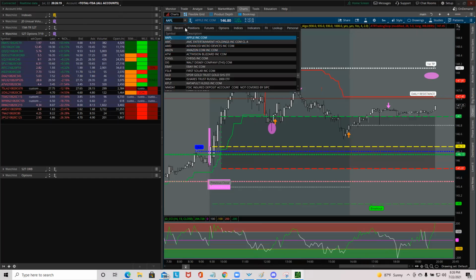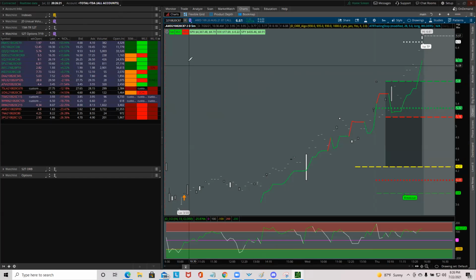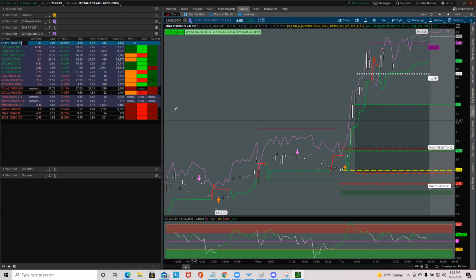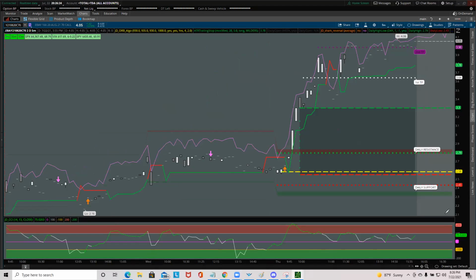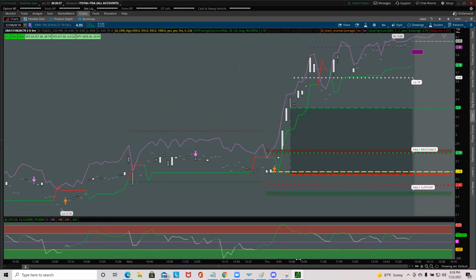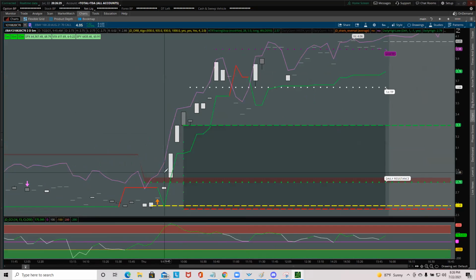Let's just say, for example, when I switch this one over to 5, and this is the eBay contract from today, you can clearly see here that it doesn't look as clear. The candles are all over the place, and sometimes you don't see full candles. So it can be hard to see what's happening in that particular contract.